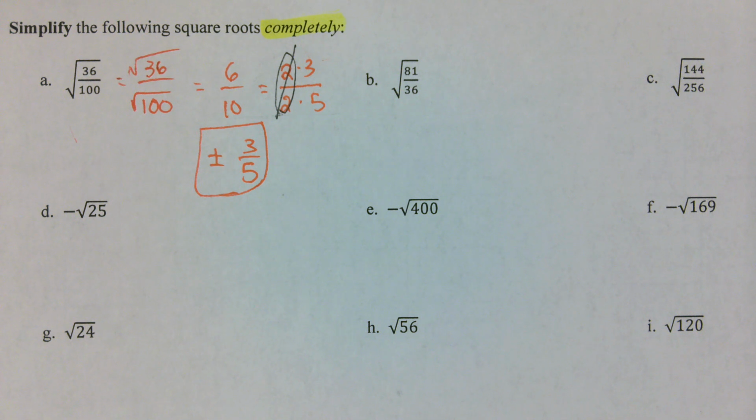Plus or minus. Not just a plus, not just a minus. Plus or minus. So good. What's the square root of 81? Good. So 9 on the top. And then what's the square root of this? Okay. So 9 over 6.